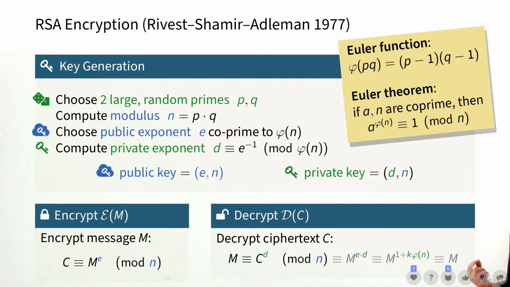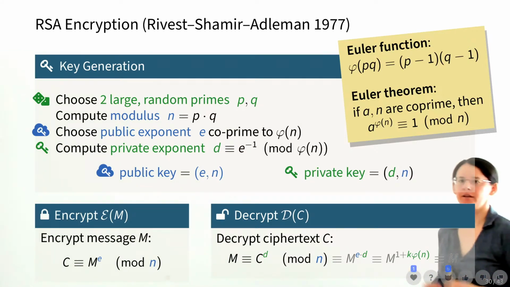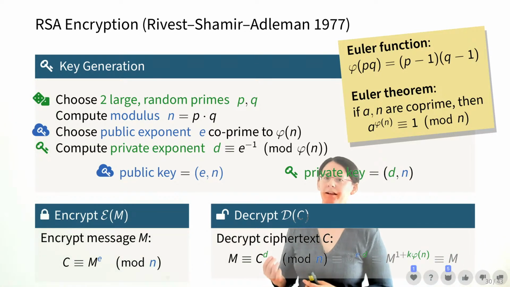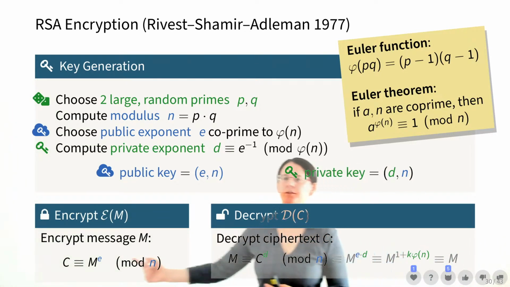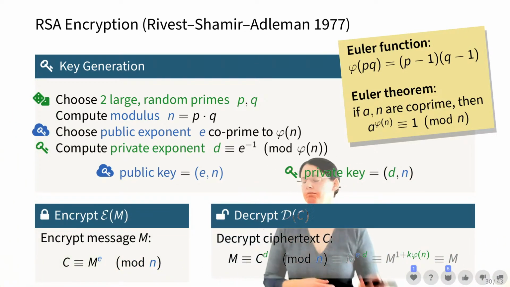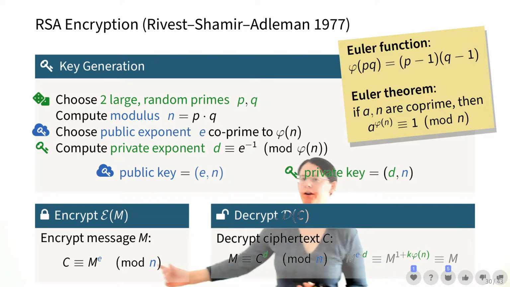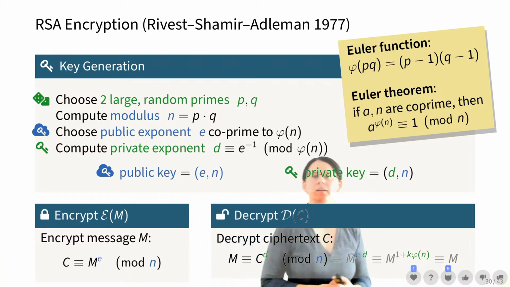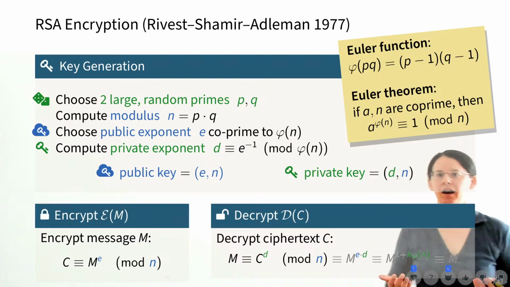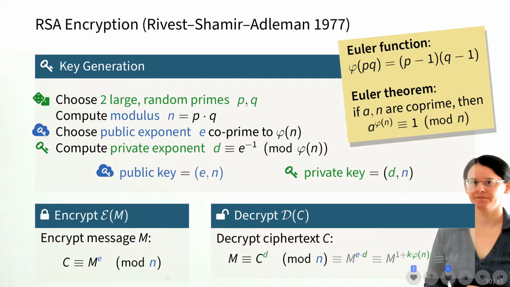So as a result, I would get m times 1, which is just m. So this is the reason why the decryption process works. It's easier to remember to simply say the exponent is the inverse of the other exponent, and this means that the function is the inverse function of the other function. Okay, so this is the RSA encryption scheme.